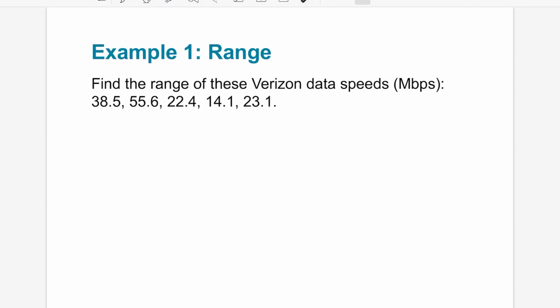Example 1. Find the range of these Verizon data speeds. So here are the 5 data values that are given to me, and I am going to find the range. To find the range, I need to first identify the minimum value and the maximum value.